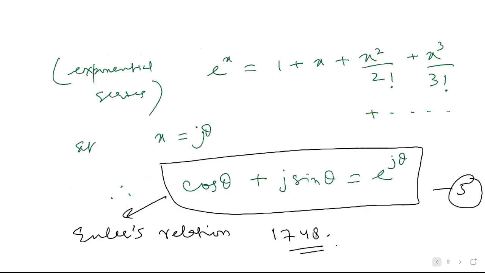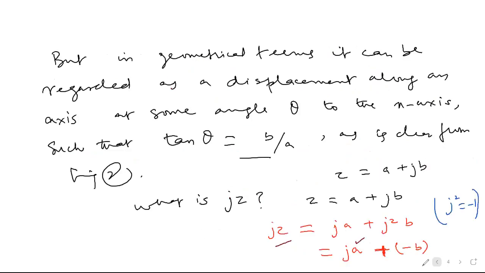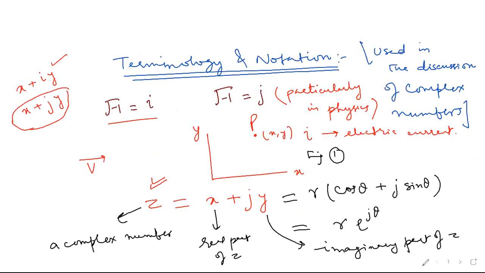Let me summarize the lecture. So first we talked about the terminology and notation. We said that we represent square root of -1 by iota or j. Particularly in physics, we use the letter j because we reserve i for electric current.